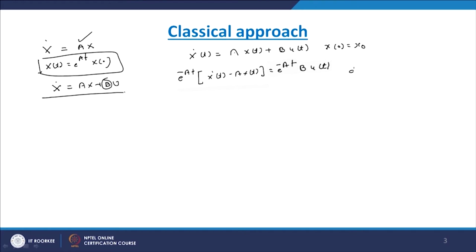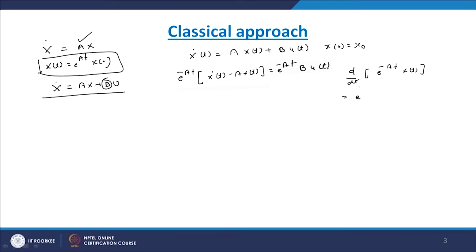If you make a differentiation of e raised to minus at into x of t, now we will differentiate this and see the result, and then we will correlate this with these equations. So now we differentiate it.